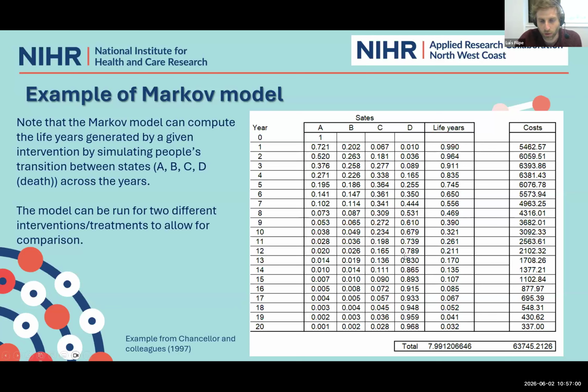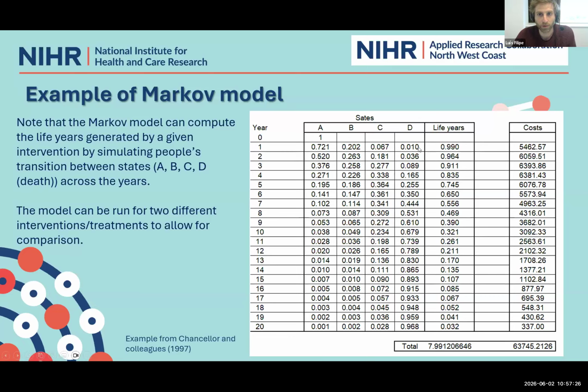Now, I wanted to show you this table for you to see that if we are looking, for instance, to compute the number of life years, we can compute them directly in each cycle. Because, for instance, in cycle 0, everyone is alive. Then in cycle 1, you have that in states A, B, and C, these people are alive.